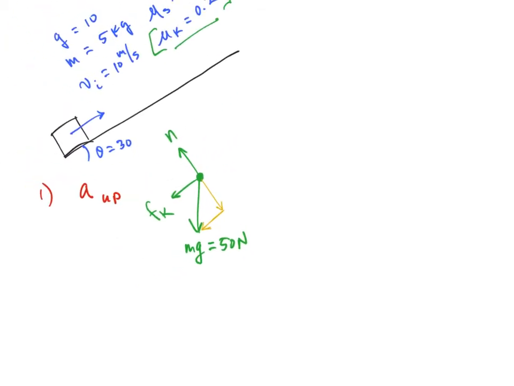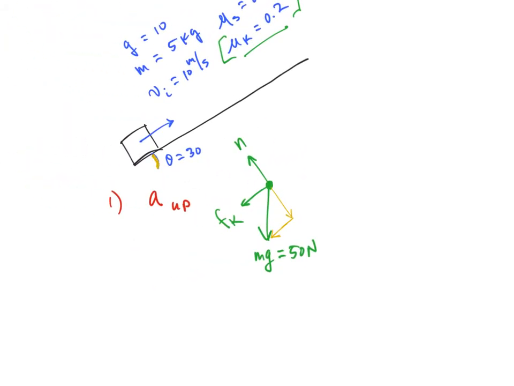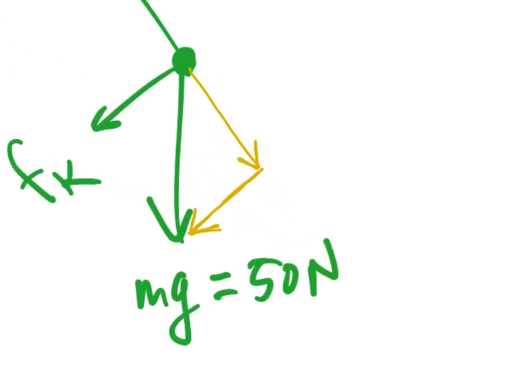We remember that if this angle here is 30 degrees, then in my picture here, this angle is also 30 degrees. Meaning this component here is going to be equal to 50 cosine 30, and this component here is going to be equal to 50 sine 30. I don't have a calculator handy, so I'm not going to be able to give you precise values, but this is going to be something like 43-ish newtons, and this will be 25 newtons, that I can tell you.